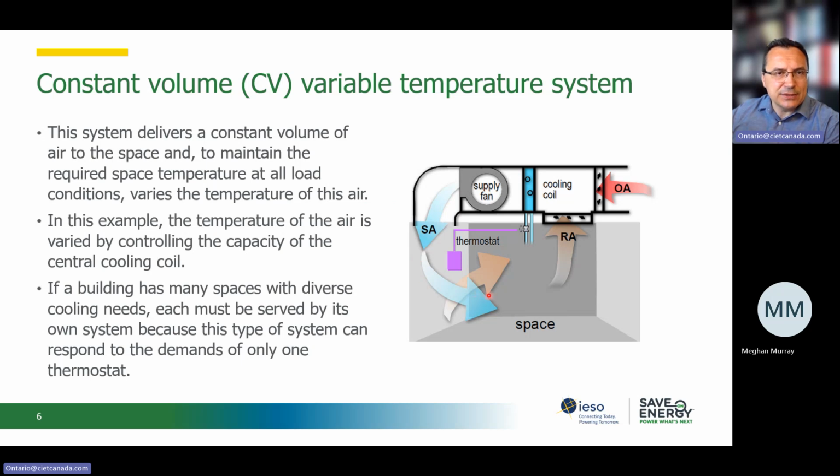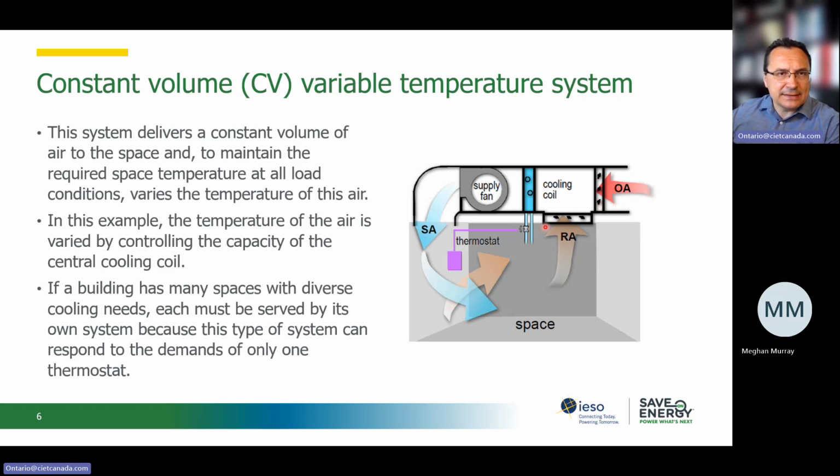We supply this air into the space, and to maintain the air balance in this conditioned space here, we have a return air. For indoor air quality, we mix some of the return air with outside air, and we have to exhaust a similar amount of air from the return stream to keep the balance.